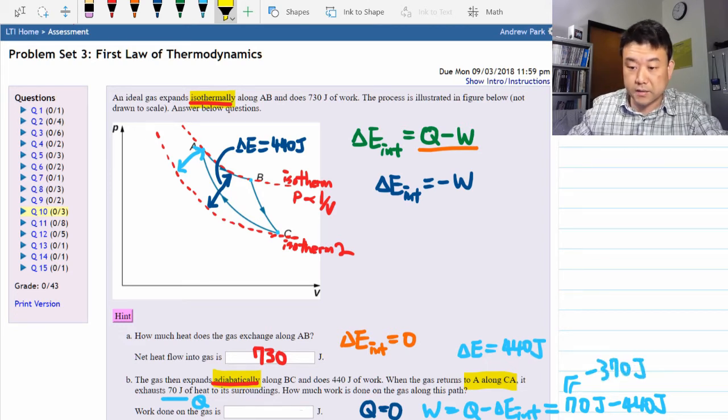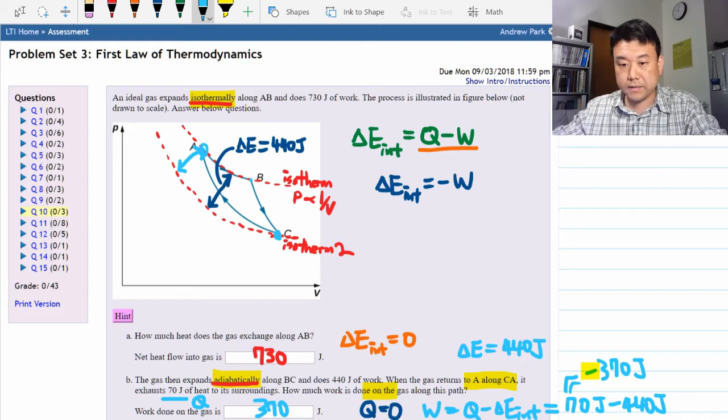Because this is negative work done, that's why it's saying work done on the gas. So they are expecting a positive answer: 370 joules of work done on the gas as the gas moves from point C to A.